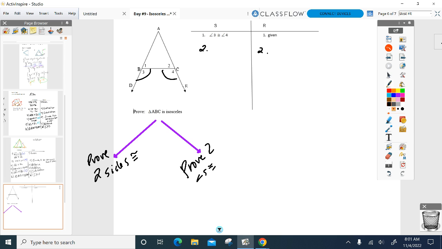And what about two and four? They're also supplementary. Everyone sees somehow this is going to involve a supplementary angle theorem. But you can't use one of those facts until you tell me what angles are supplementary. So that's how we need to start. One and three are supplementary. And the same thing, two and four are supplementary.